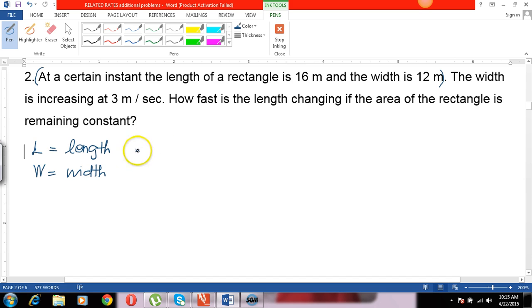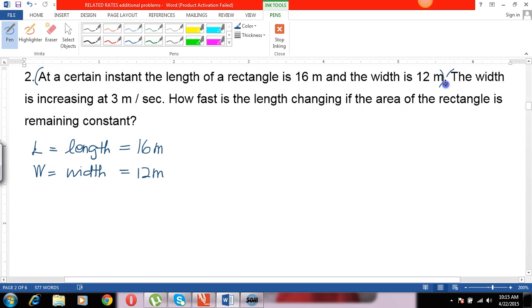Length equal to 16 meter and the width equal to 12 meter. We get this information from the first sentence.